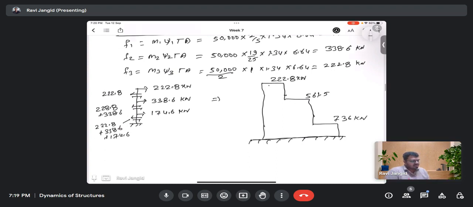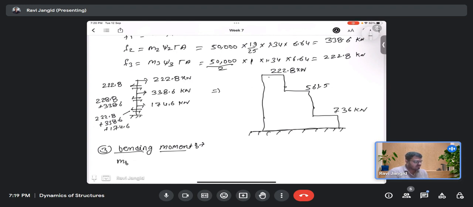Yes, yes. Now after calculating the shear forces, we need to find out the bending moment. So for the bending moment, you can find out how much bending moment at the base. That would be F3 times the height, 3 into 4, F2 into 2 into 4, and F1 into 4.